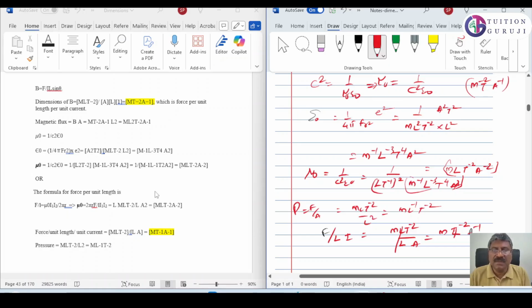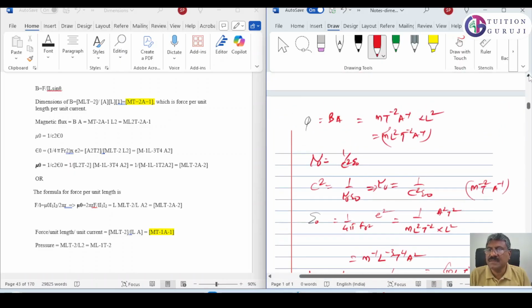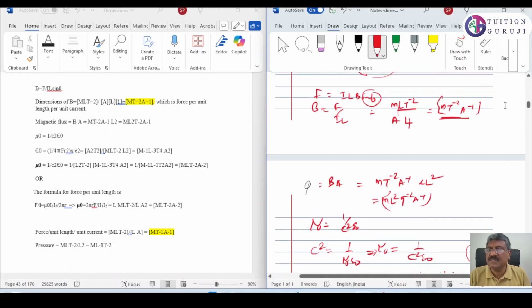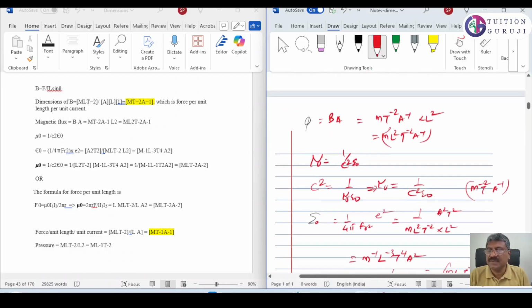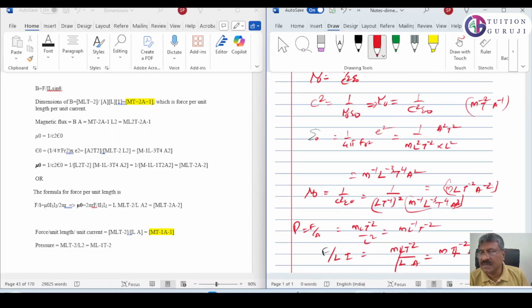So the dimensions of B, let me check. B is M T raised to minus 2 A raised to minus 1. This is matching with that. When we wrote it there, we had done it wrongly; I think this is minus 1.